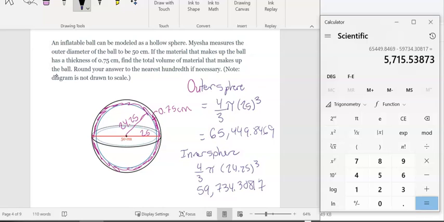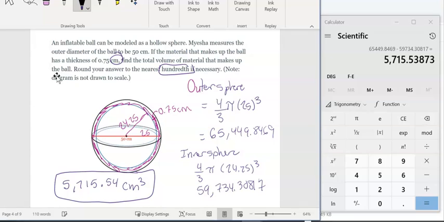I got 5,715.54, to the nearest hundredth, centimeters cubed. So there we go. That is how we find the volume of the shell of a sphere.